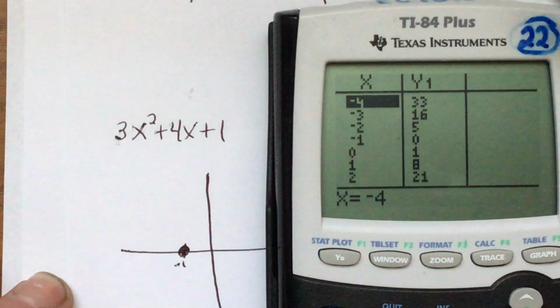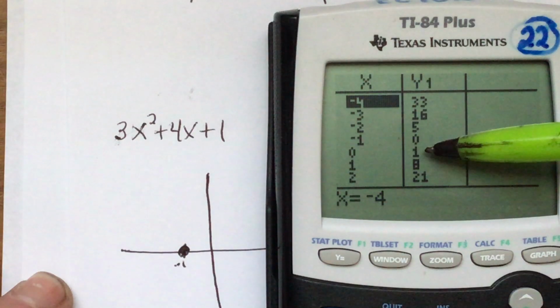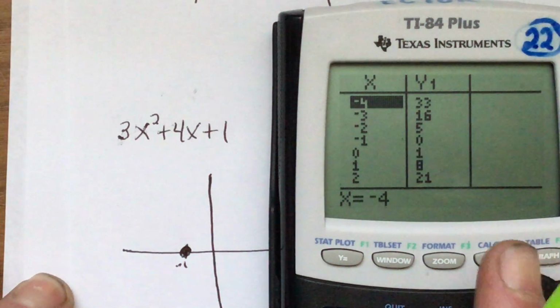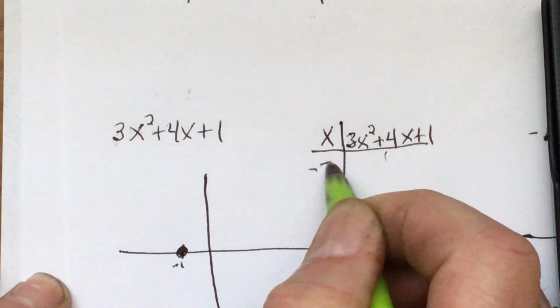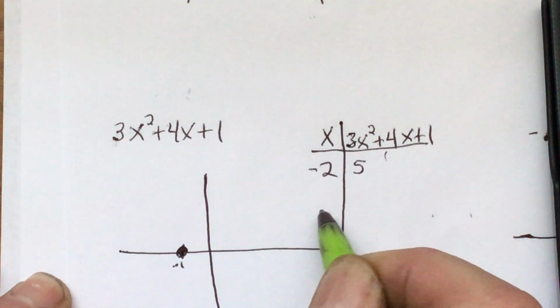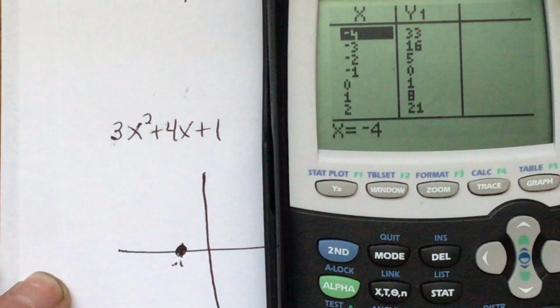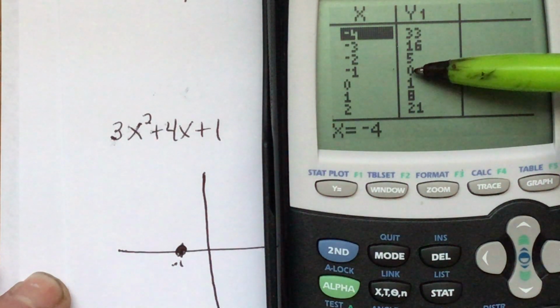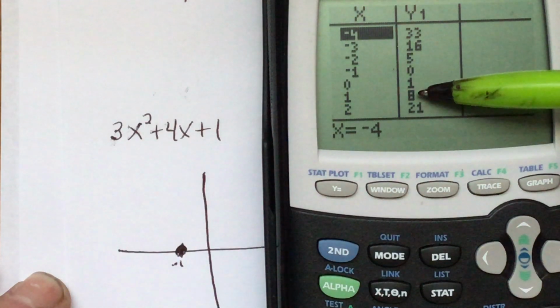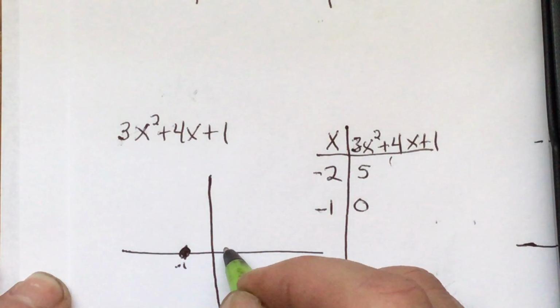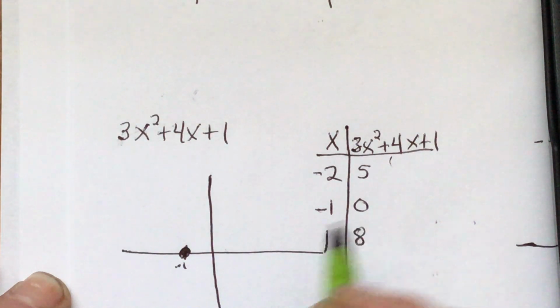Okay. Now let's pick a point above that. How about -2, 5? I should have been writing these down. -2, 5, -1, 0. And then 1 right after that. So how about 1, 8? So here's 1, 8.